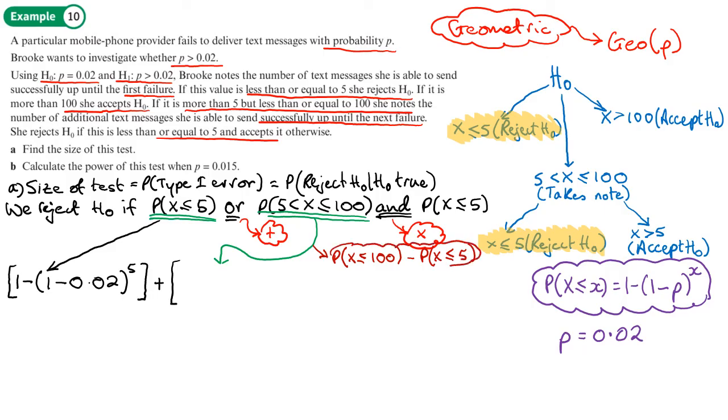So this is what I'm going to be doing in the next bracket. The probability up to 100 is going to be 1 minus p to the power 100, minus, and I need another set of brackets here so that minus doesn't get messed up, 1 minus p to the power 5.